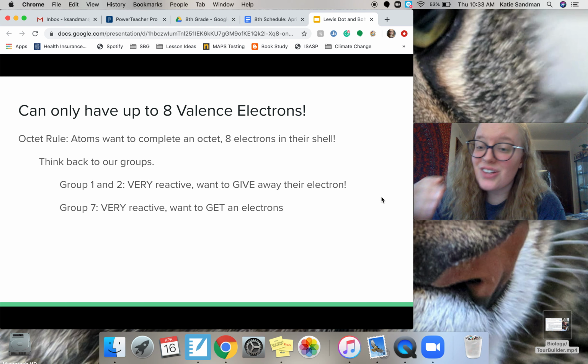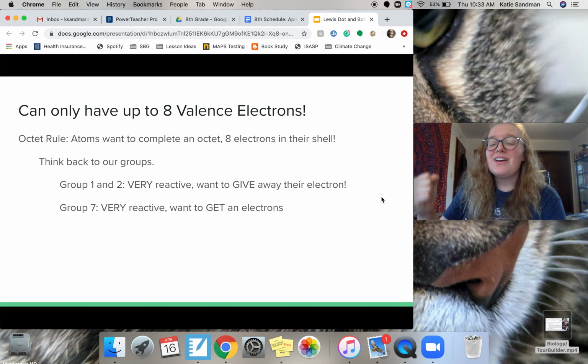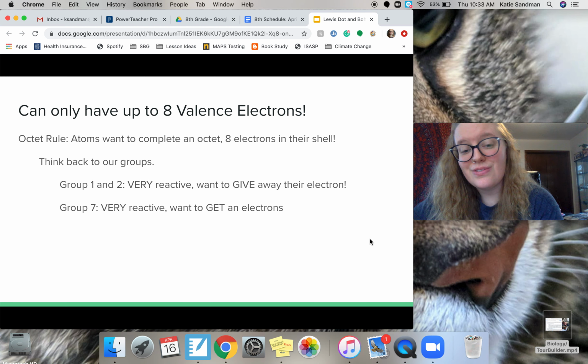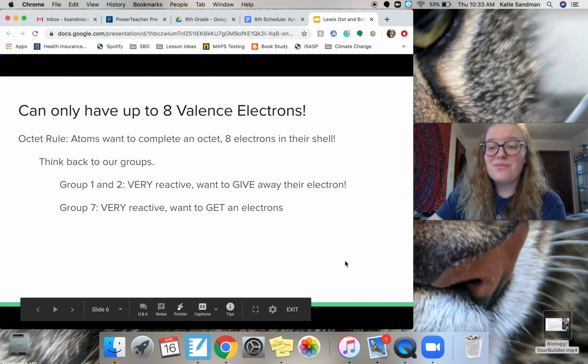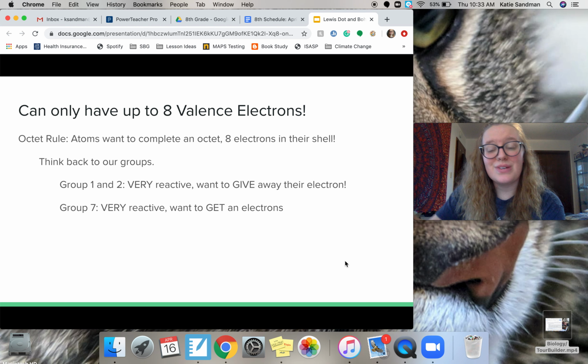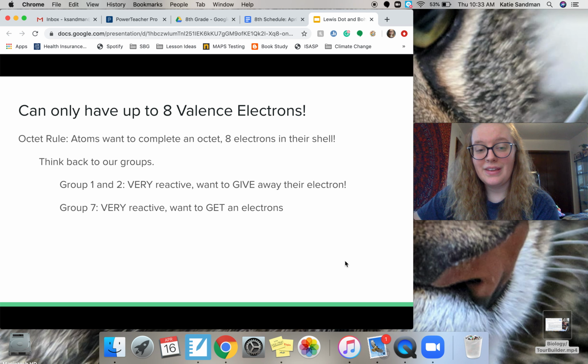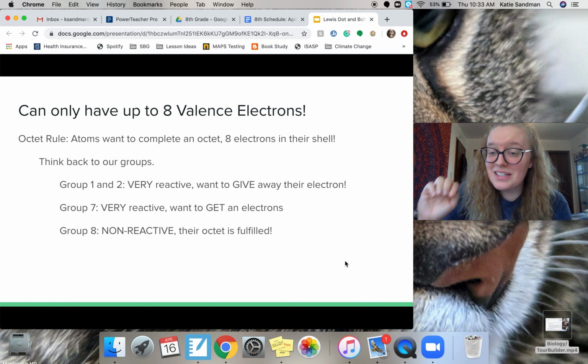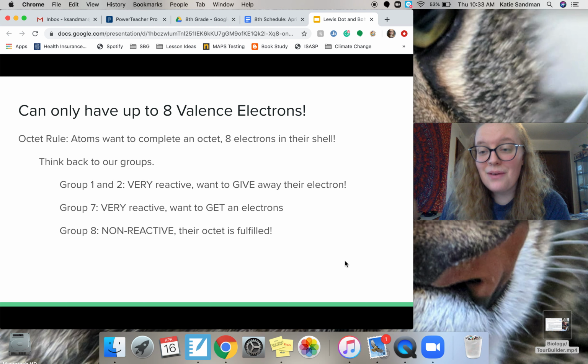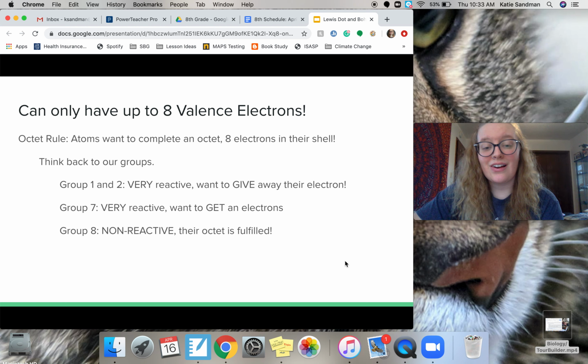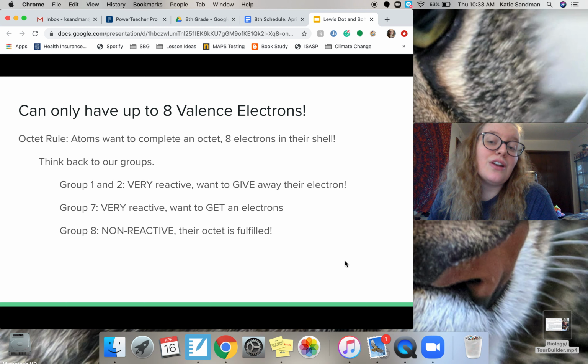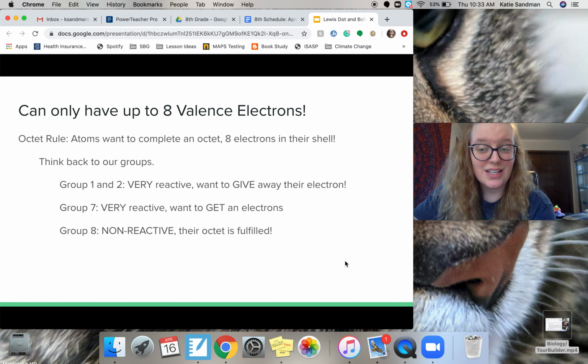Group 17 is also very reactive because it just needs 1 more electron to fulfill its octet. So it wants to receive electrons because it's going to be a lot easier for it to receive 1 electron than for it to give away 7 of them. And then group 18, this is non-reactive. It does not want to interact with any other elements. Their octet is fulfilled. Remember I said they're the noble gases. They are too noble to interact with another element.